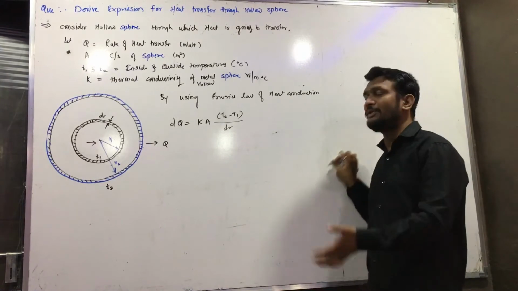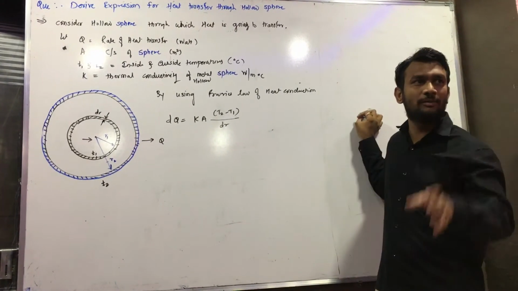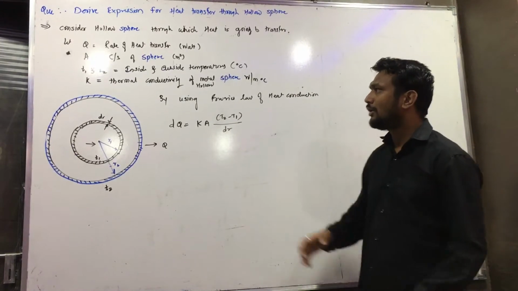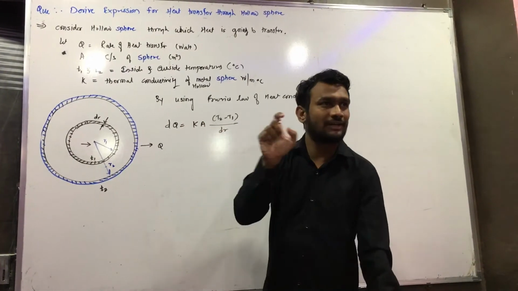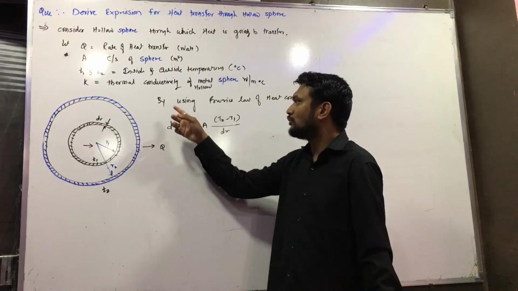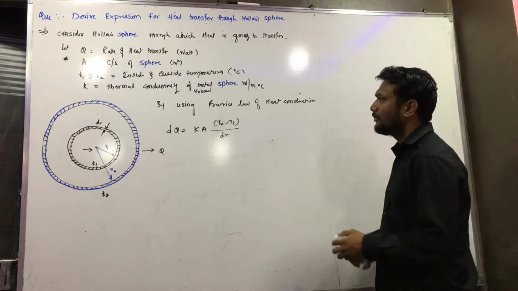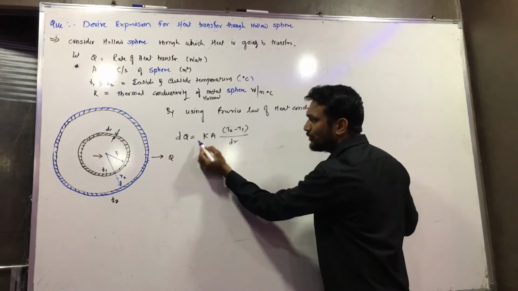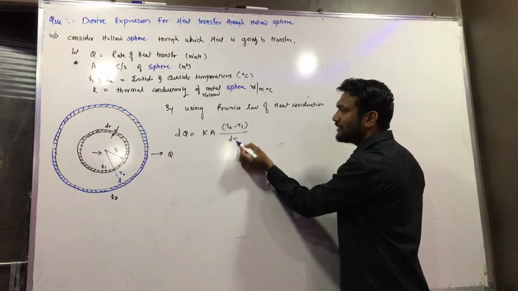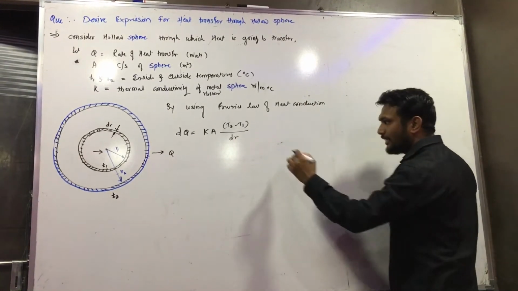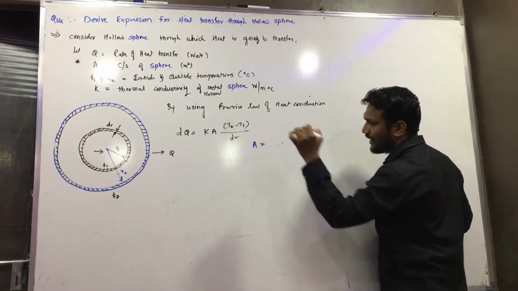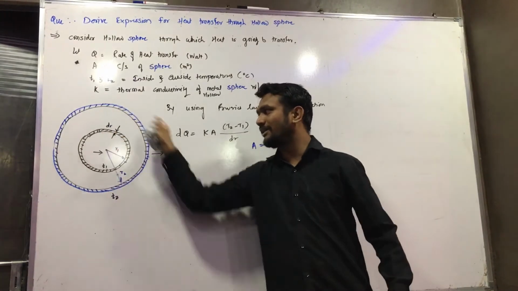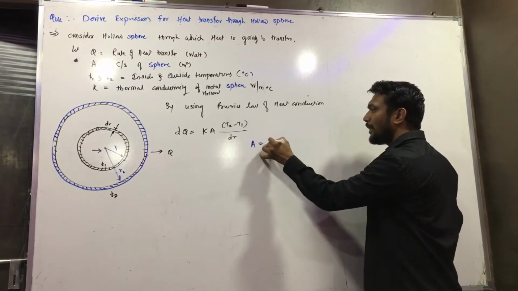The sphere is made up of some solid material. It is hollow, but the metal is solid, so heat is going to transfer by means of conduction. So we again use Fourier's law of heat conduction. For that, dQ is equal to kA (T2 minus T1) upon dr. Again the replacement factor is area, because now we use the area of the sphere section, which is 4 pi r square.